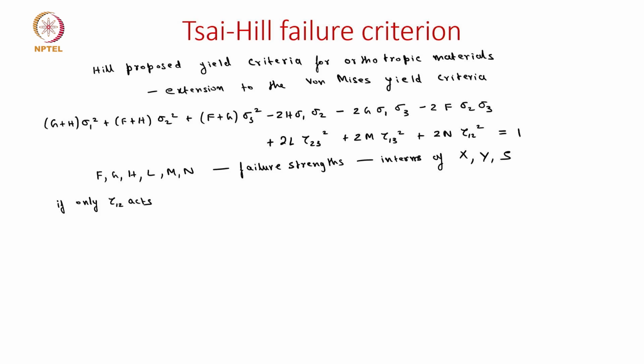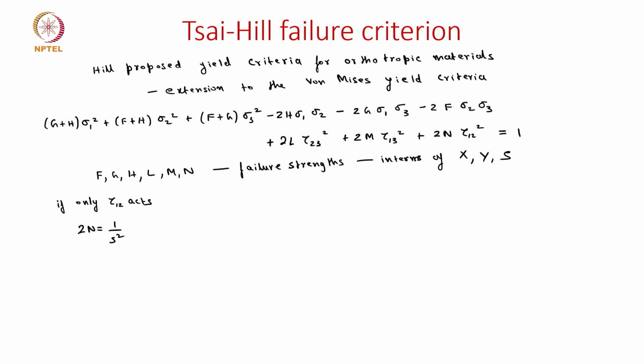So when we substitute this in this yield equation, we get that 2N can be written as 1 by S square. So you can plug it in and check it out. Because you will see that the only term which is remaining is this last term, and the rest all will go to 0, because starting from sigma 1, sigma 2, sigma 3 go to 0, and the two other shear stresses go to 0.